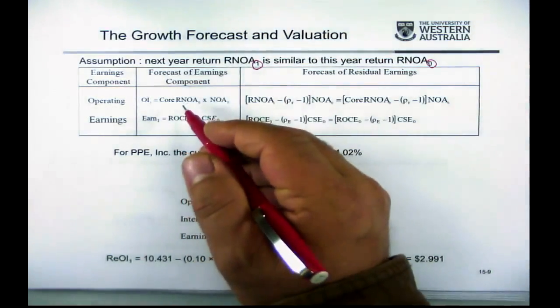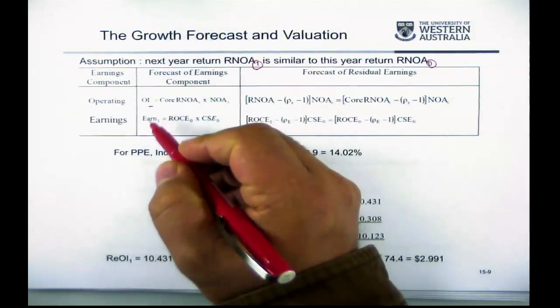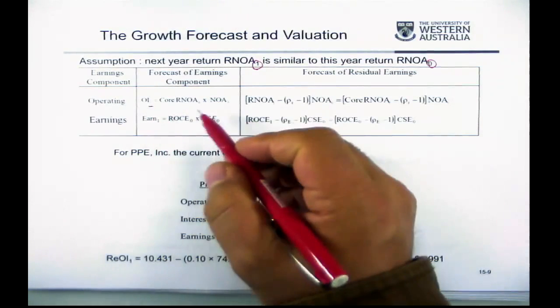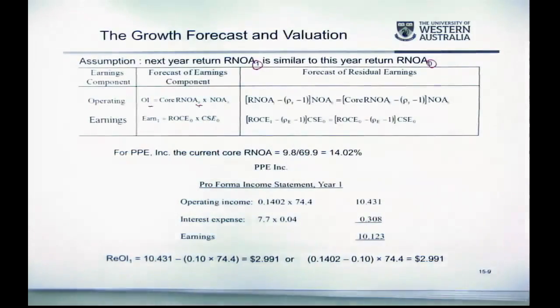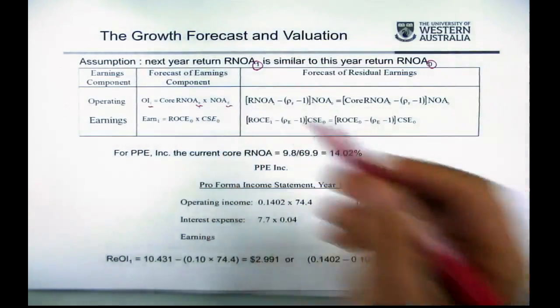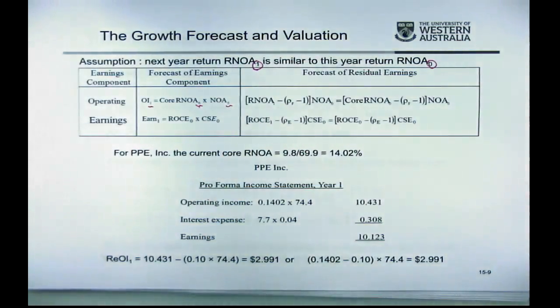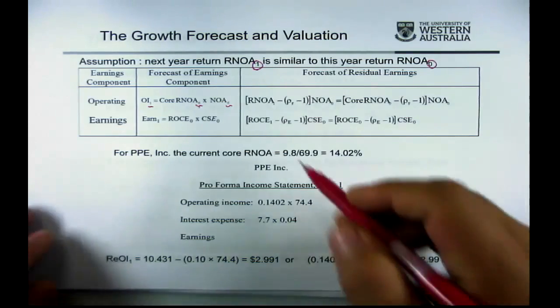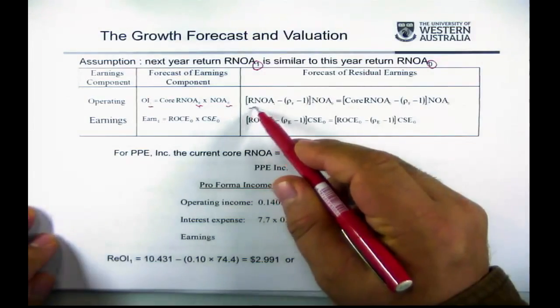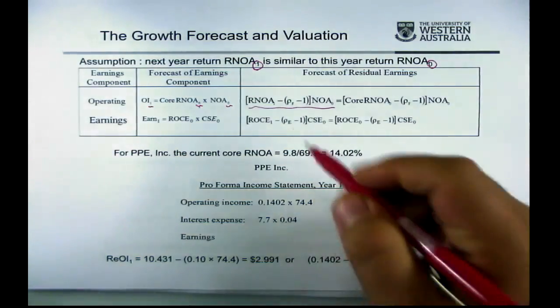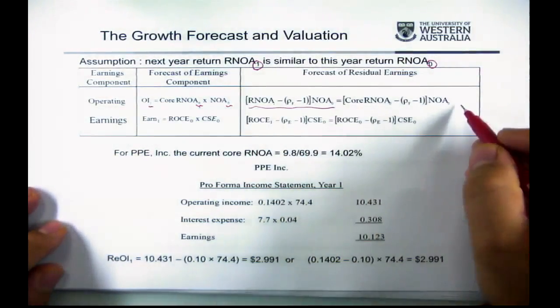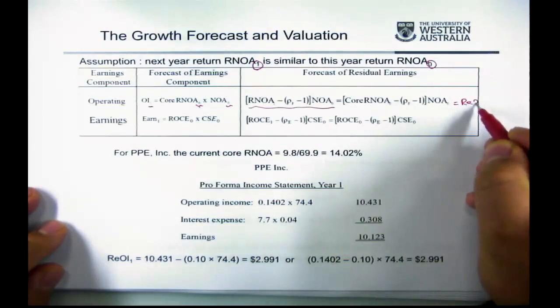So according to this assumption, expected operating income in year one is equal to the product of the current return on net operating assets and the current net operating assets. And this is the formula for the residual operating income.